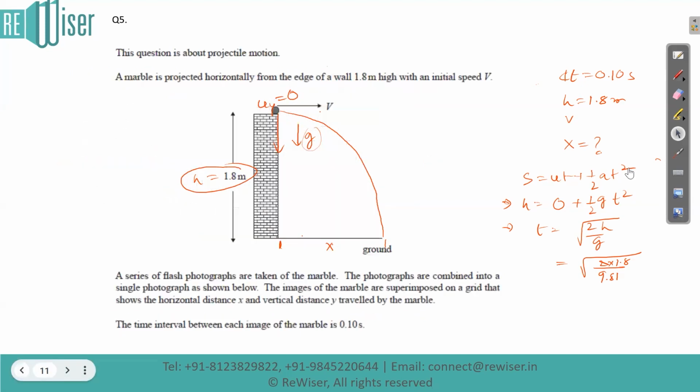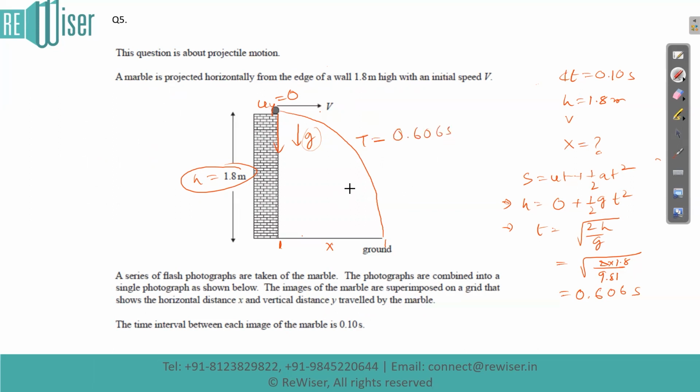Okay, we can take 9.81, solve it, find out the time. Root 2 into 1.8 divided by 9.81, we're going to get 0.606 seconds. So this is the time taken for this motion.